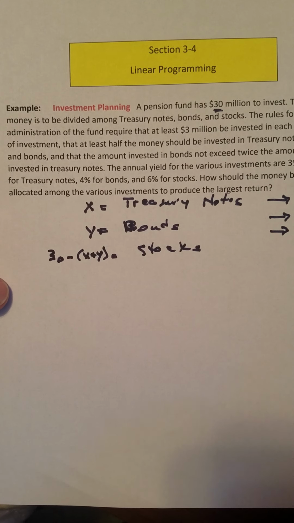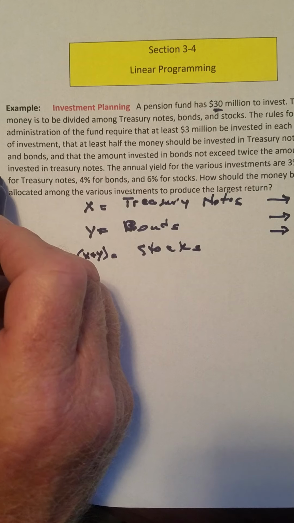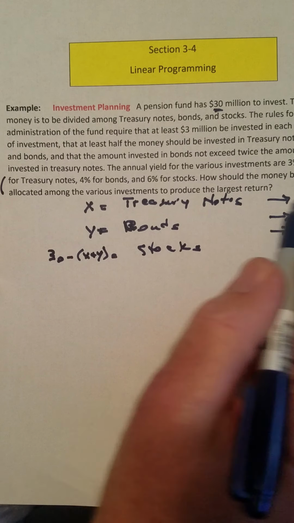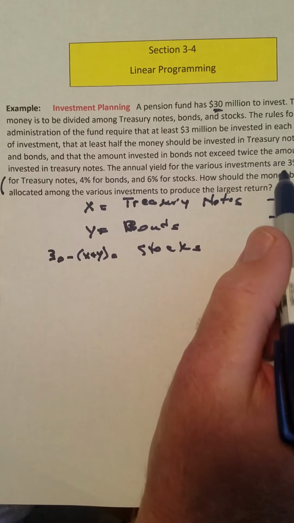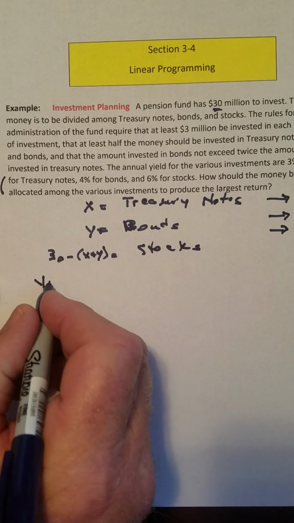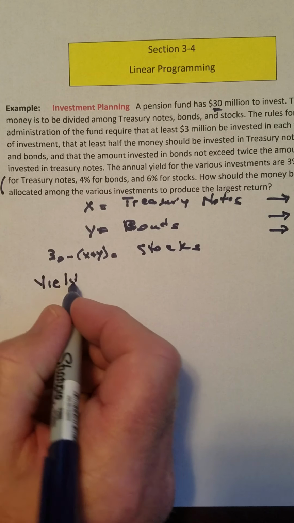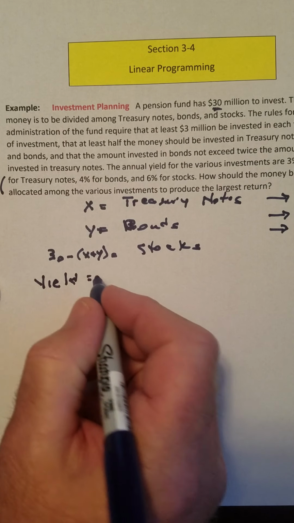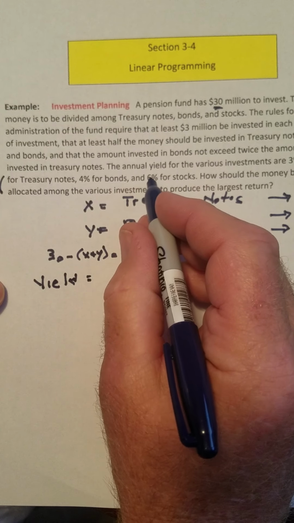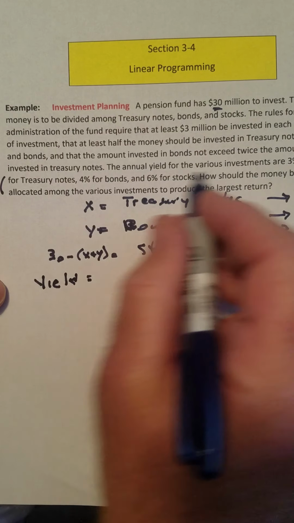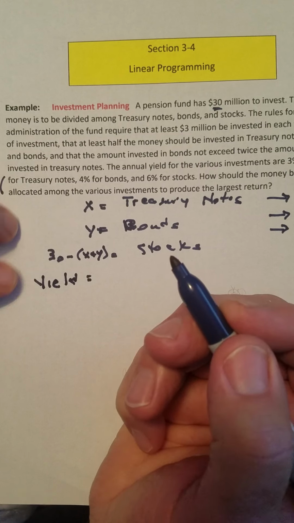Okay, I'm going to jump down to this part right here. Talk about the yield. Yield is how much you're going to make. That's your profit. It says the yield for the various investments, 3% for treasury notes.